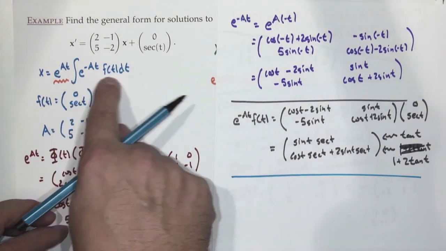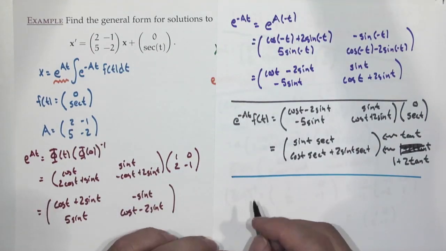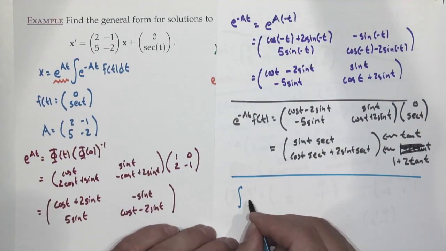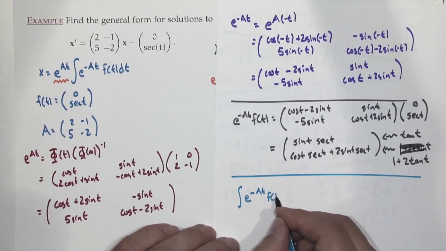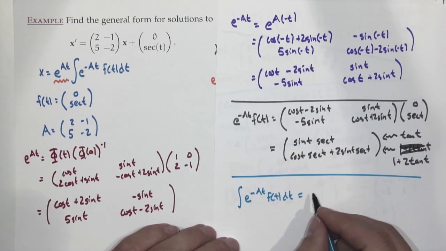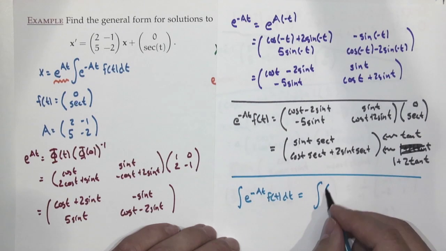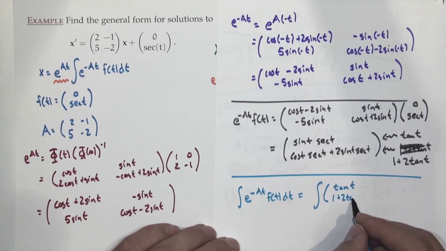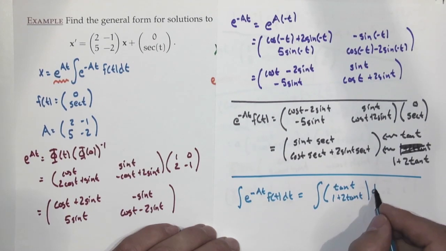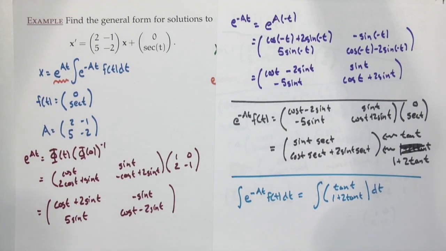Yeah, we've now got the inside part, so we're now going to integrate e to the minus At f of t dt, which is the integral of tangent t, 1 plus 2 tangent t. Do we know what the integral of tangent is?